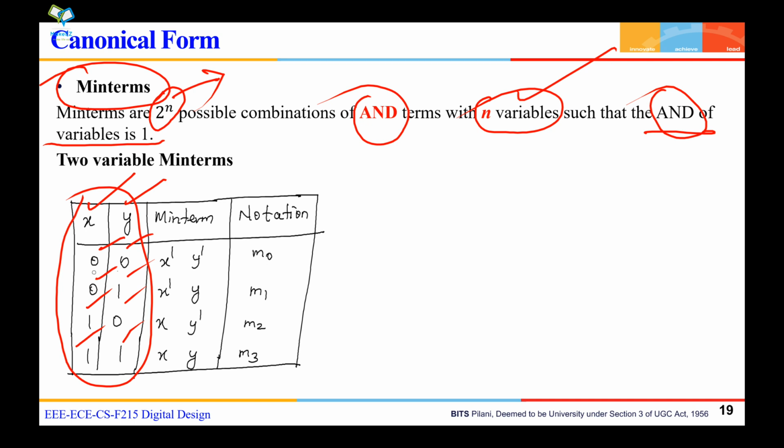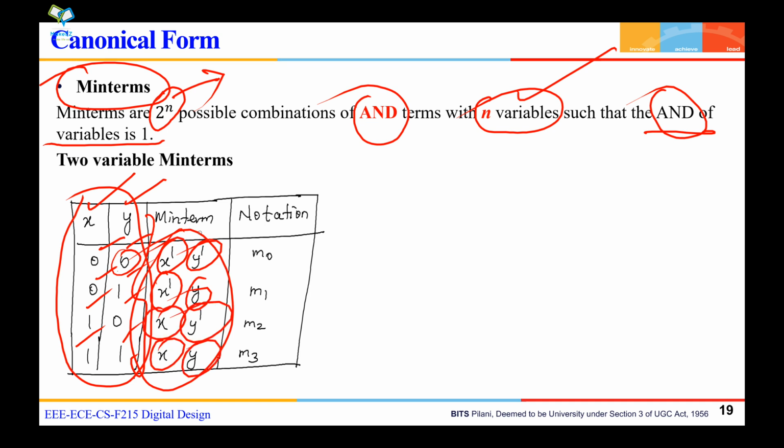If you take the 0, that is x bar, and if you take the 0 for y, it is y bar. Write the same truth table in terms of these Boolean variables: x bar y bar, x bar y, x y bar, x y.